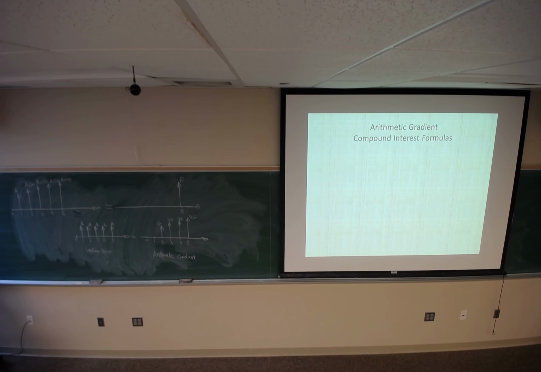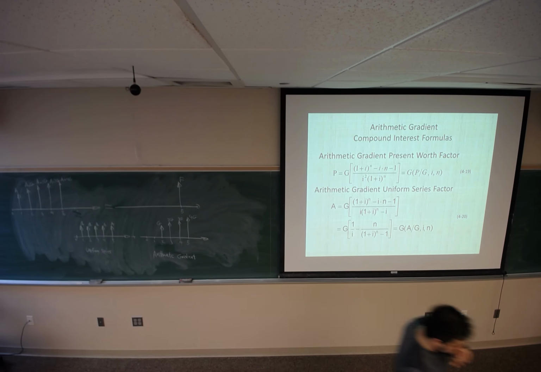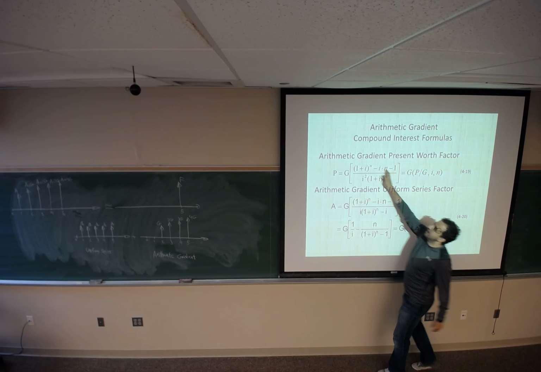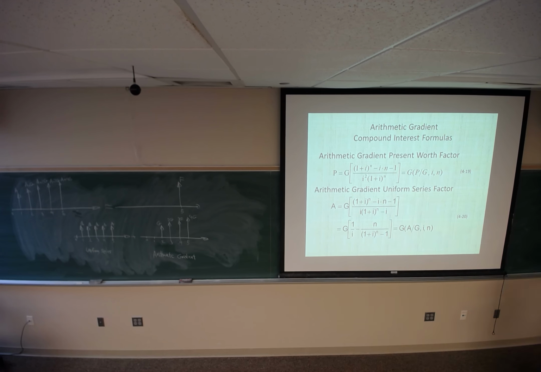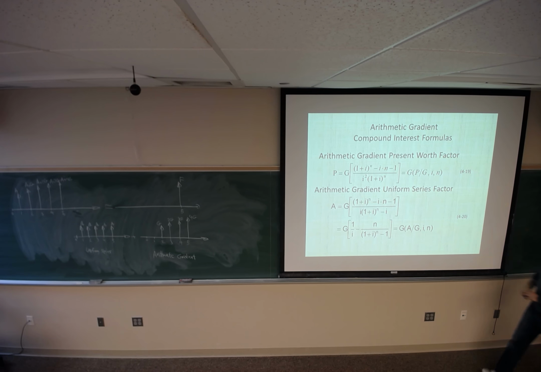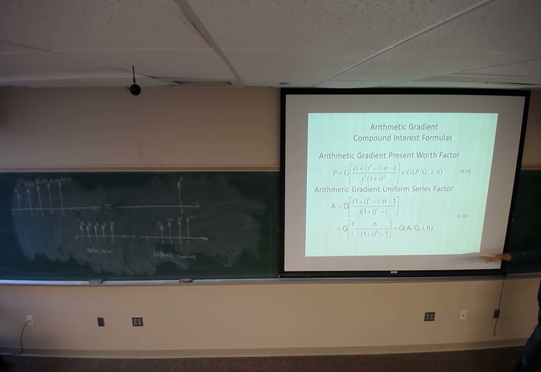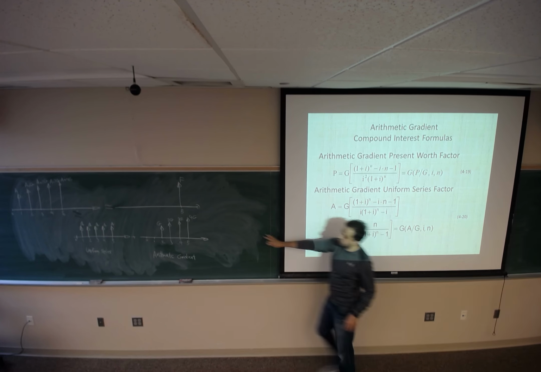And exponentially, we can represent this factor by this P over G at the interest rate of i for n periods of time. For a given G, find the P value at the interest rate of i over the n periods. And this is going to be if you want to find A when you are given this one.